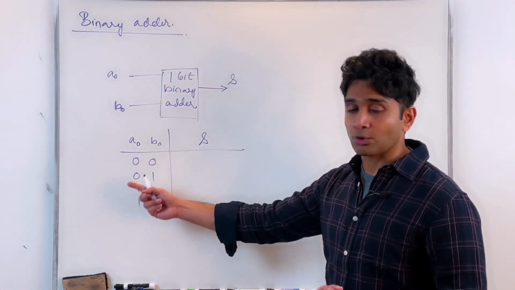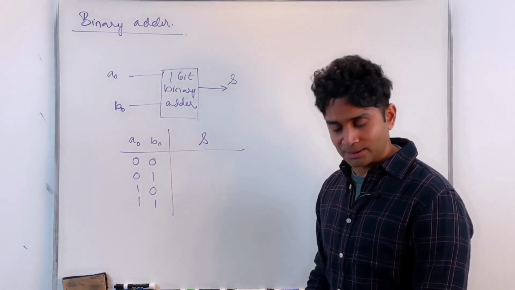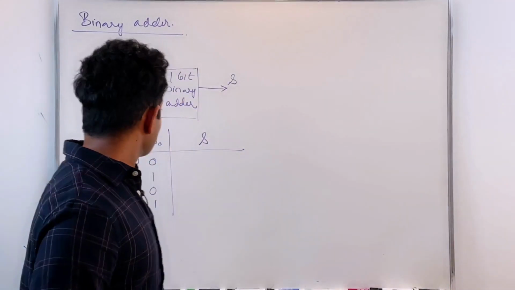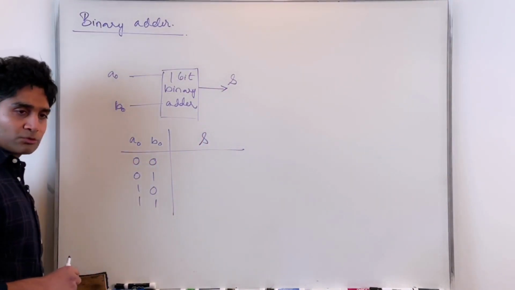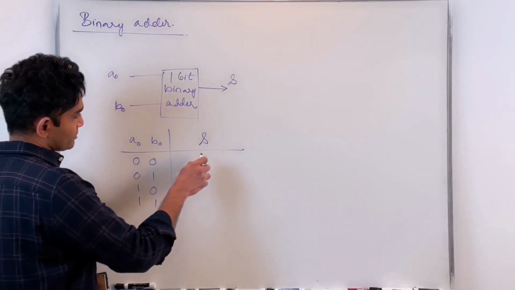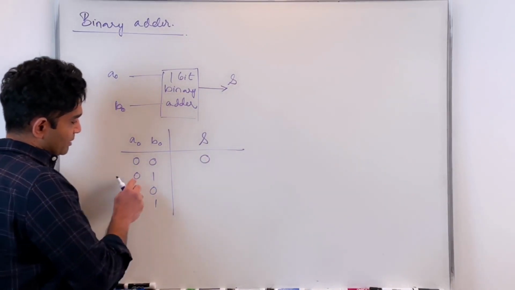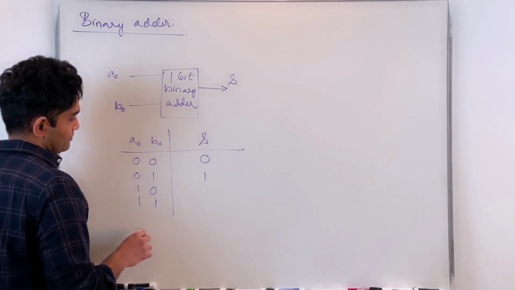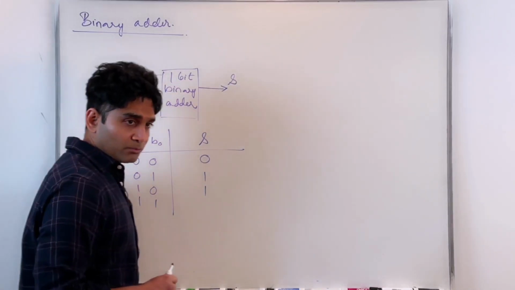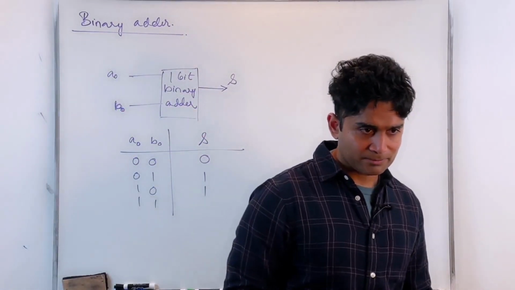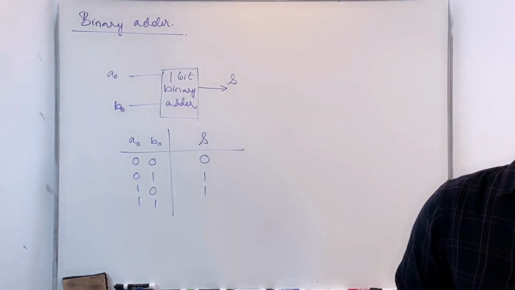A0 can be 0 or 1, B0 can be 0 or 1. So my sum bit would be the addition of those two bits. 0 plus 0 is, of course, 0. 0 plus 1 is 1, 1 plus 0 is still 1, but 1 plus 1, what would that be? What is the binary sum?